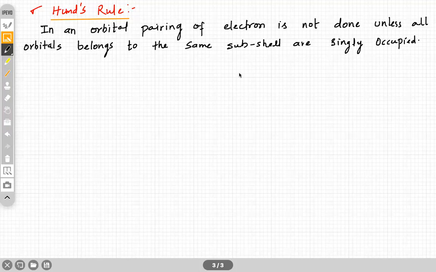What is the meaning of this statement? Once you have copied this down, I'll explain it.